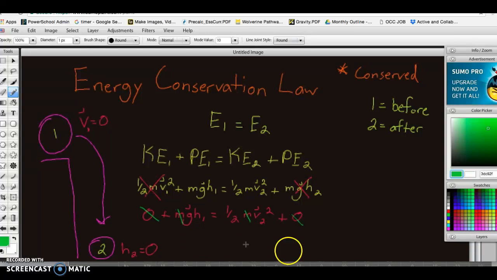So let's rewrite what I have left over here. I have G times H1 equal to 1/2 V2 squared. Okay? So with this equation, we're going to derive two equations. We're going to derive the height before, and we're going to derive the velocity after.